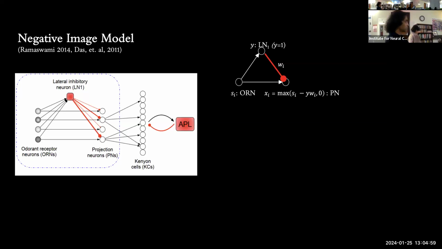And of course, it's a negative image, so it's an inhibitory image. So even though the ORNs can still respond to this odor, the activity stops at projection neurons. Because the activities of projection neurons will be inhibited by lateral inhibitory neurons, your higher brain region will not detect this odor anymore. And this is the negative image model.